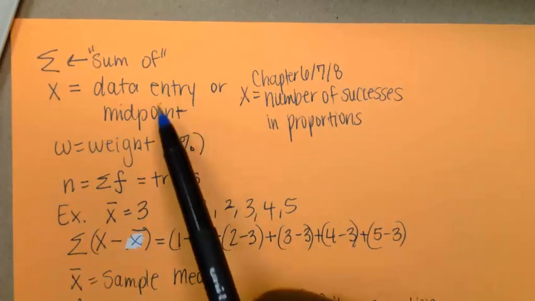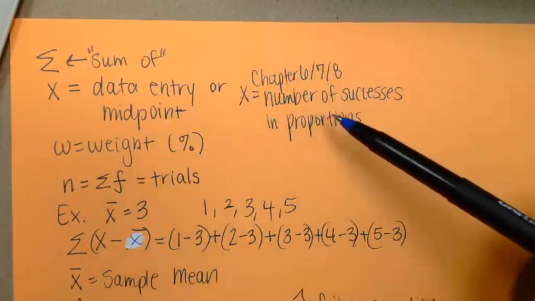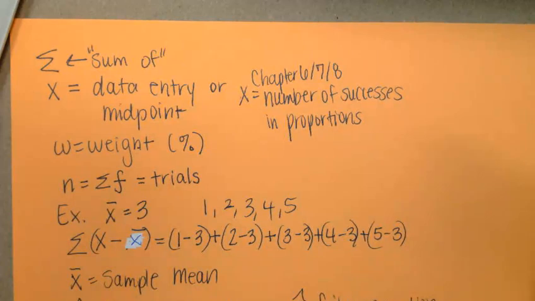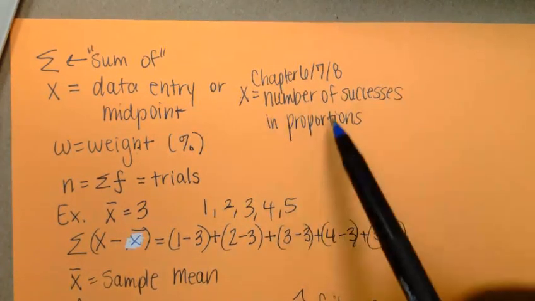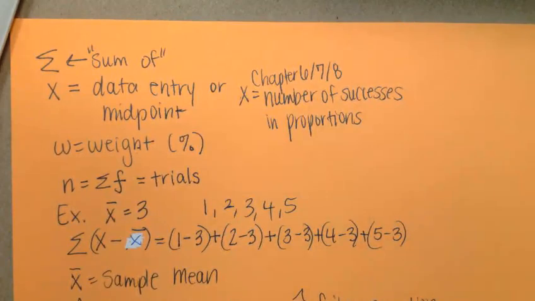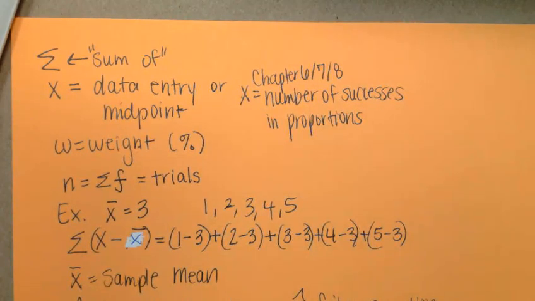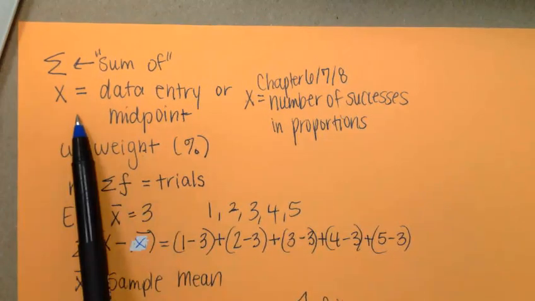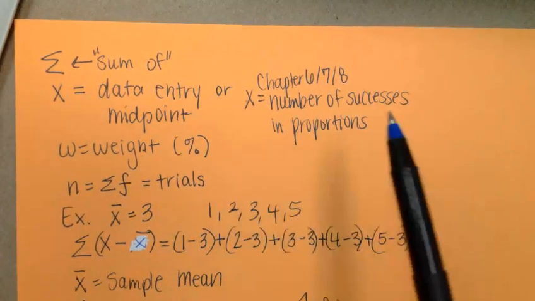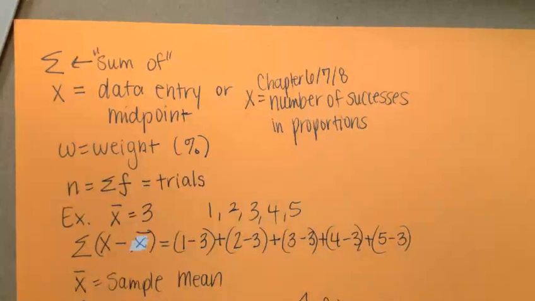So normally it represents data entry at midpoint, but for chapter 6, 7, and 8, it could represent your number of successes in proportions. So it could be a mean if we're talking about mean; if we're talking about proportions, it could be an X.